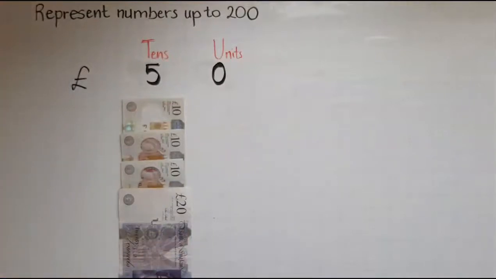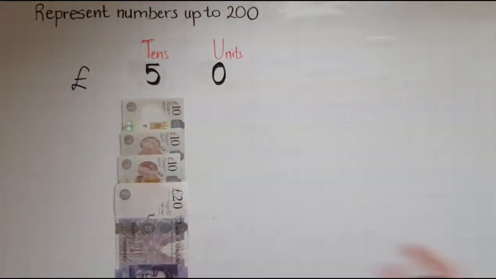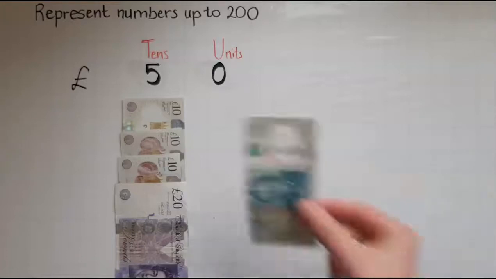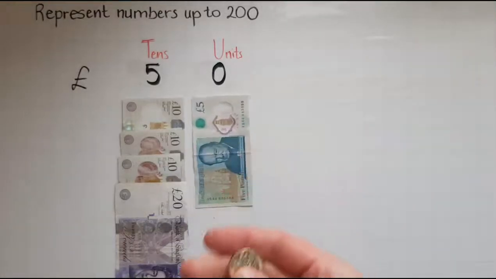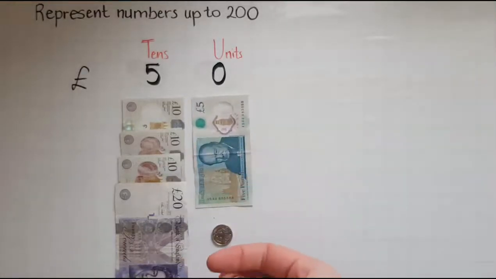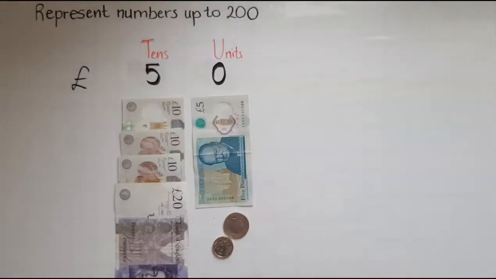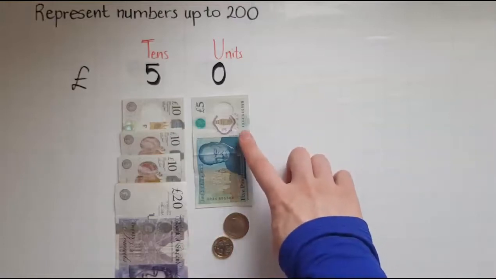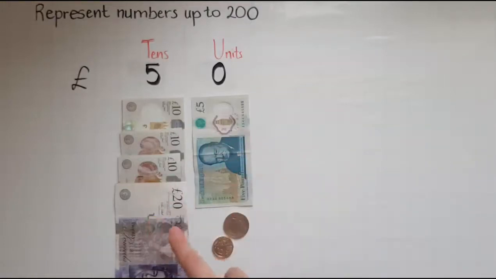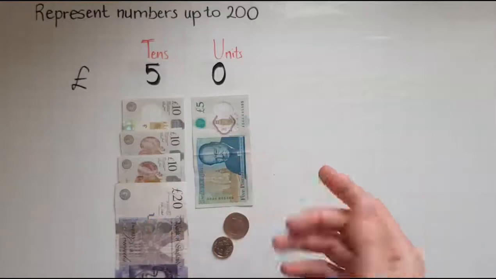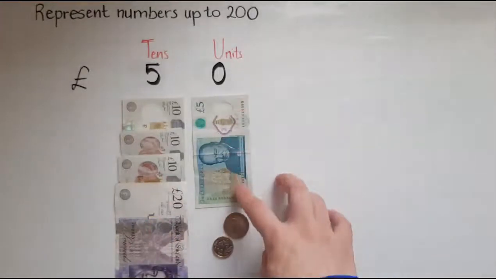If I had this amount, right, so I'm having the 5 here, although it's a note, its value is less than 9, so it's under the units.